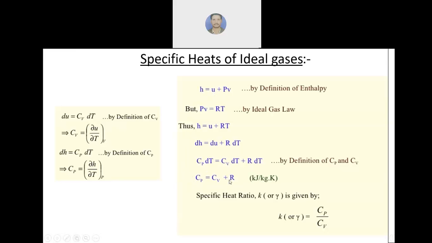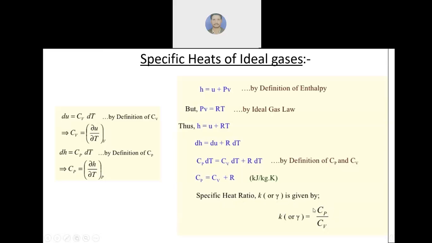Important relationship. Now the ratio of Cp and Cv, the ratio of specific heat. It is denoted by either K or gamma. From book to book it depends. Somewhere it is represented by K, somewhere by gamma. Which will be bigger, Cp or Cv?